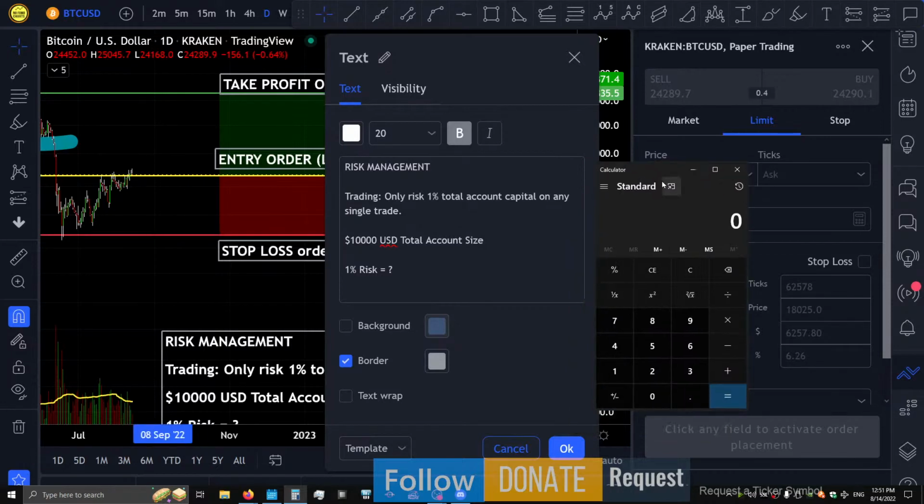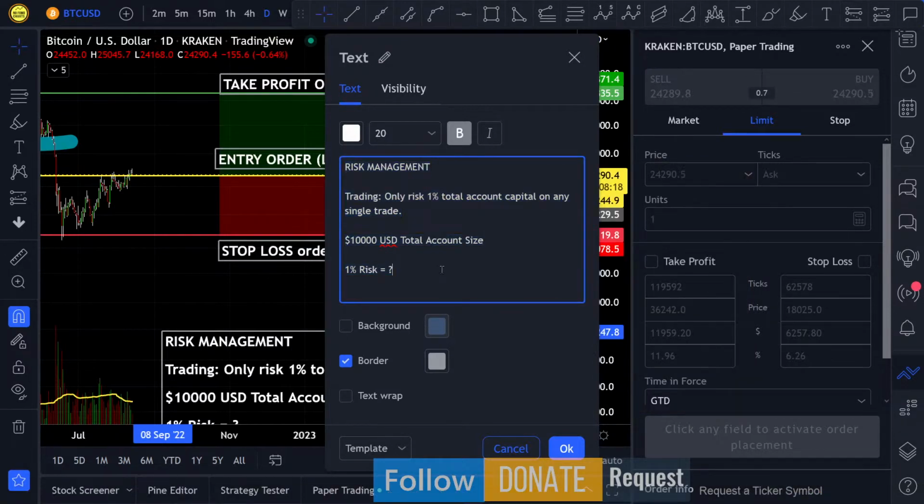We use a calculator, right? You have $10,000 times 1%. That's $100 risk. Especially for beginners, this might even be too much. And if you're an absolute beginner, just paper trade. Don't even risk real money.